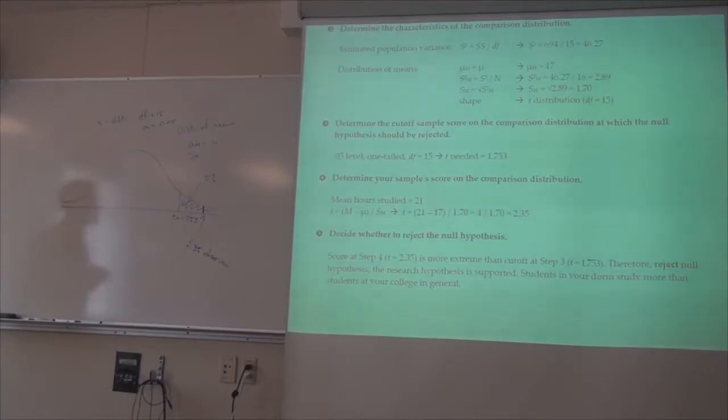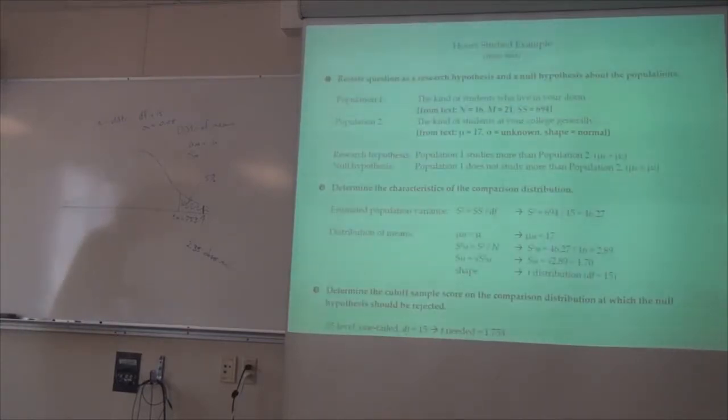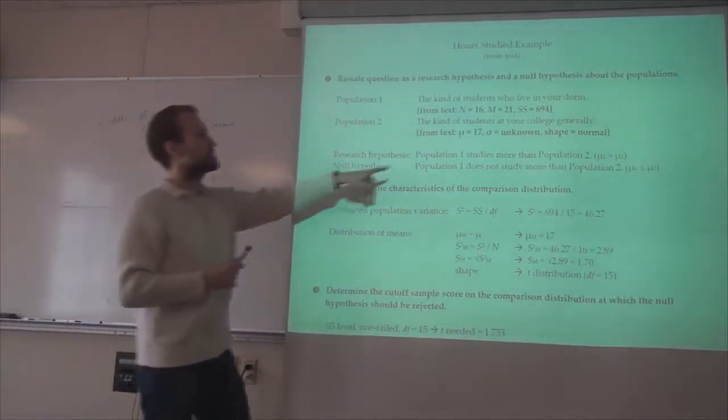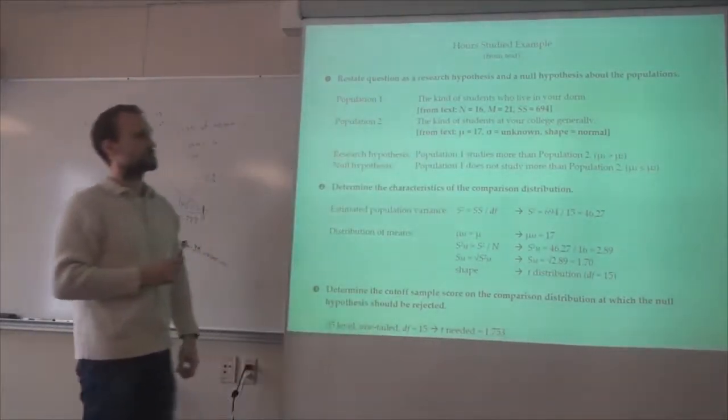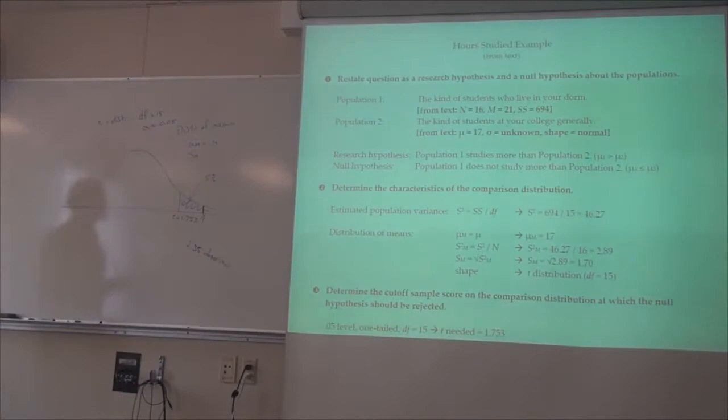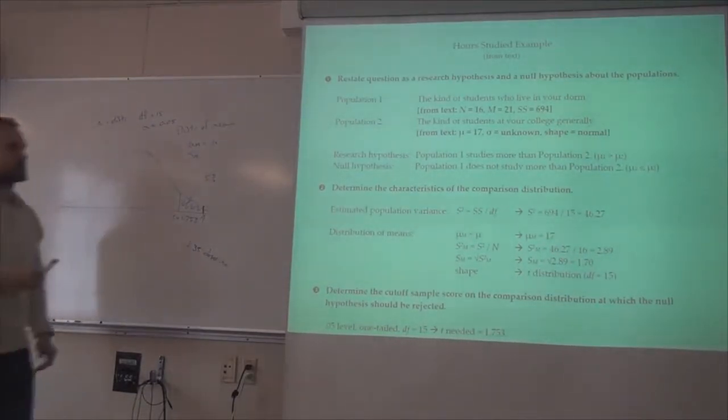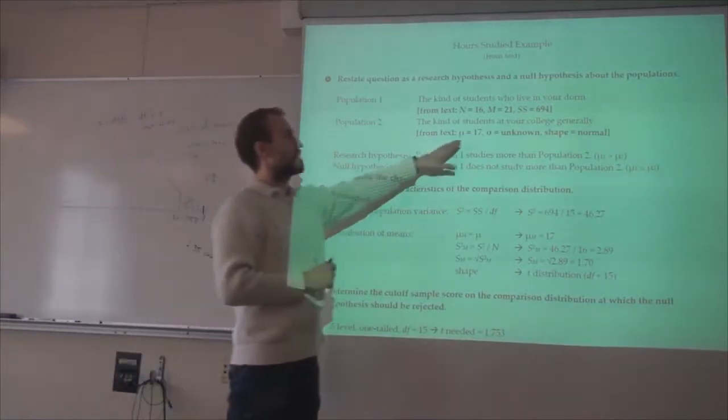Yes? Did you know the mean or the mu of the distribution because it told you so? Yes. It gave us the mean of 17. Right. And we're assuming that. So I have to know something of the distribution. Well, for our purposes, to make it simpler, I have to.